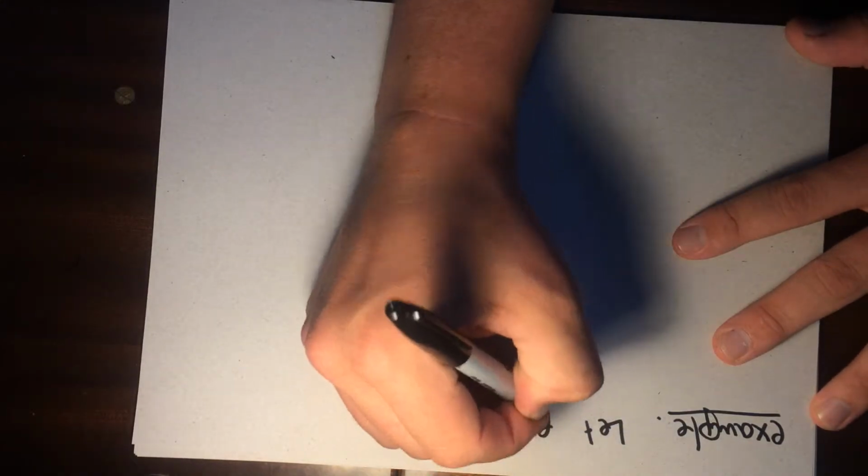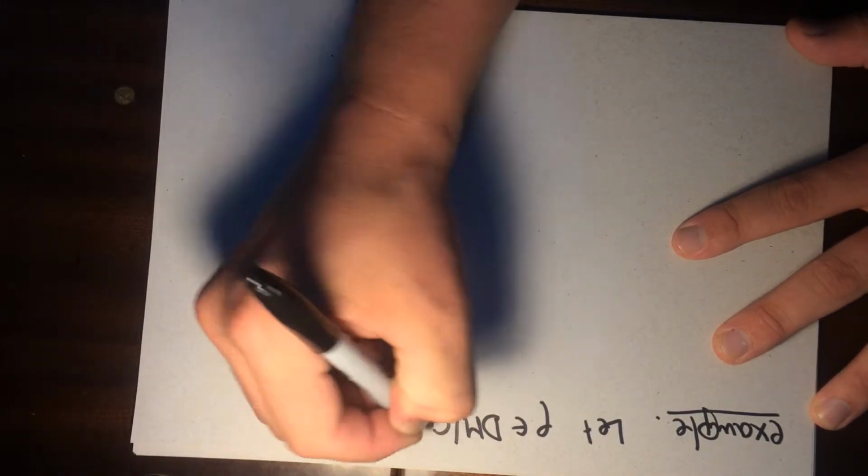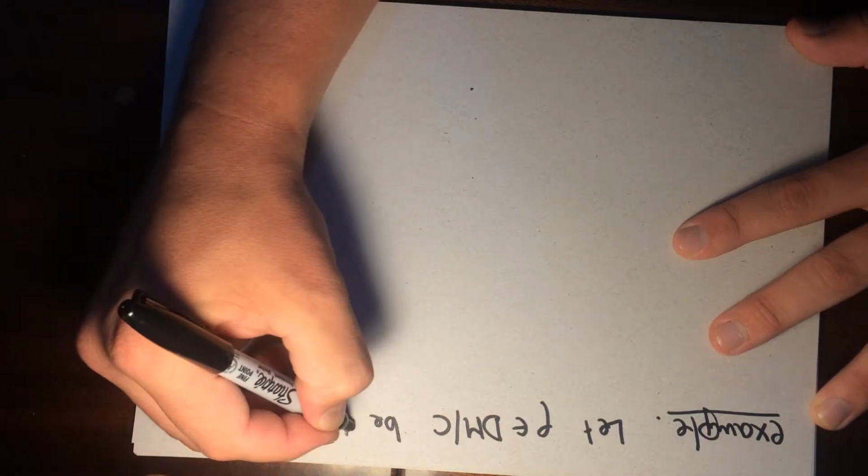Okay, so let rho be a Drinfeld module over C, the Carlitz module.